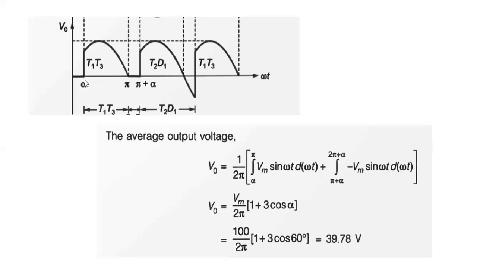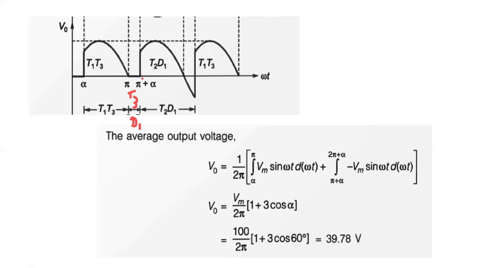From alpha, that is 60 degrees, to pi, T1 and T3 are in conduction. During that time, the voltage will be following Vm sin omega t. From pi to pi plus alpha, T3 and D1 will be in conduction. Since freewheeling action is taking place, the output voltage will be 0.